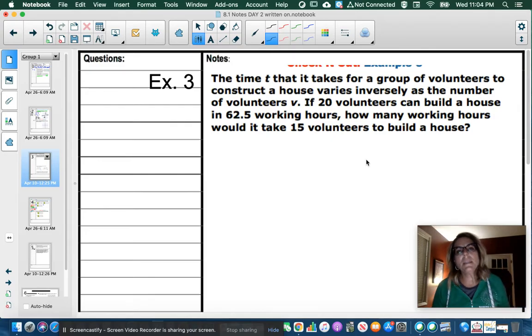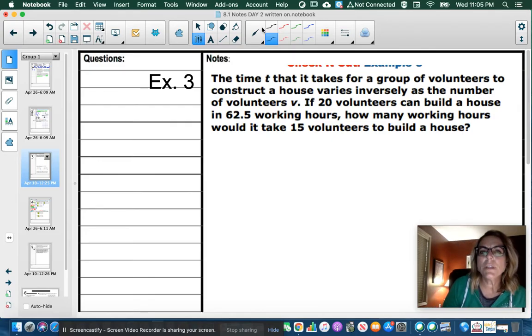The time t that it takes for a group of volunteers to construct a house varies inversely. So I'm going to highlight this as I go. Varies inversely. Time varies inversely as the number of volunteers v.